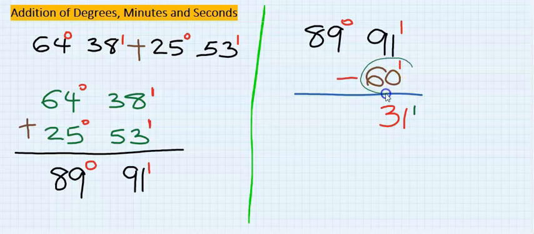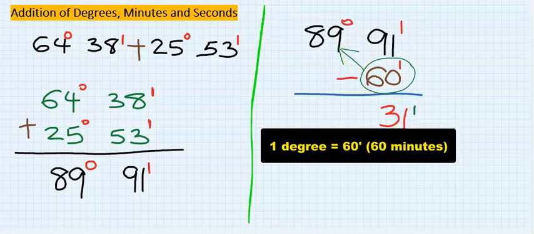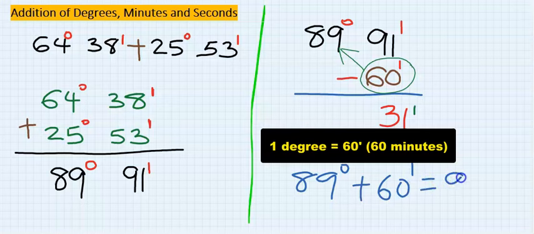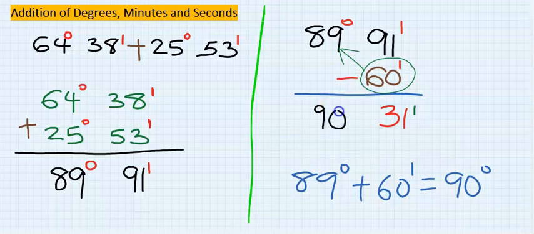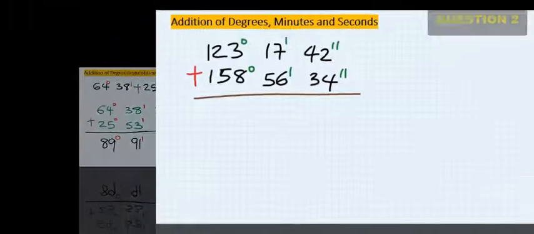Next, this 60 you subtracted will be added to the degrees. Hence, you're going to have 89 degrees plus 60 minutes, and this will be 90 degrees. Finally, this is our answer: 90 degrees, 31 minutes.